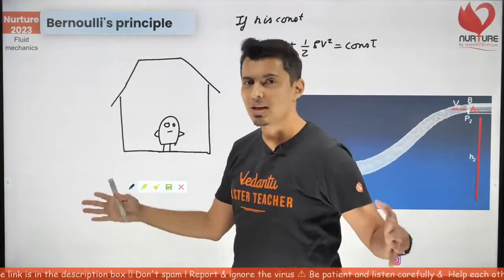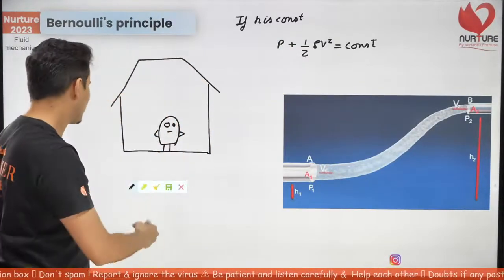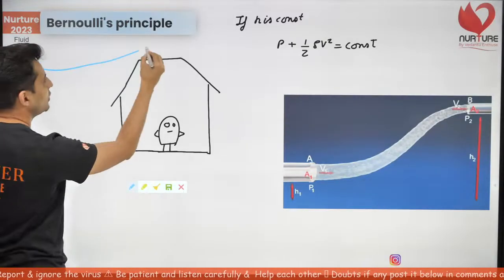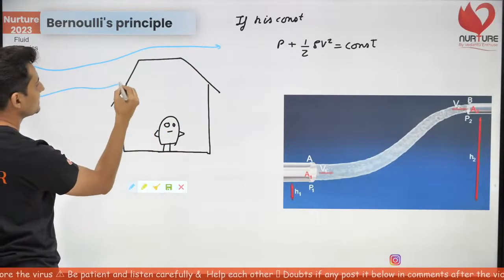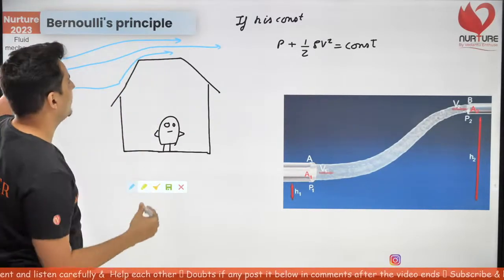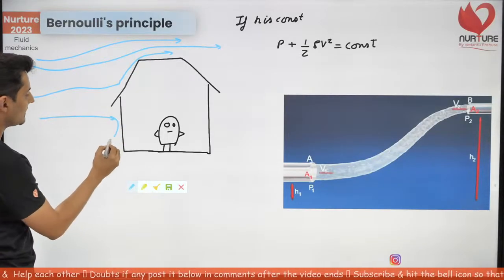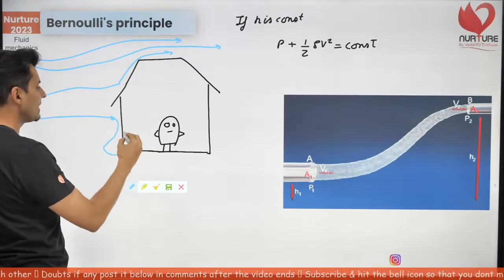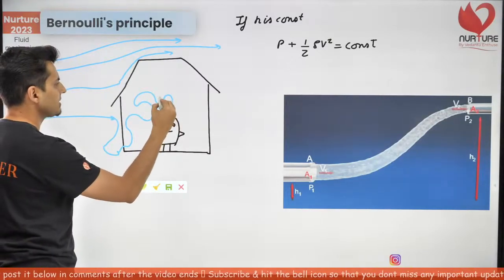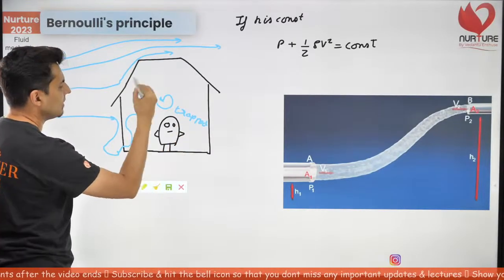He decides to stay in his house. So winds are blowing at very high speeds. This is the wind which is coming in and it is blowing at very, very high speeds, like this. Now as the winds blow over his house, you will see some of the wind streamlines will get obstructed, and over here maybe they slowly leak out here, and here they just get trapped. Basically they just get trapped inside his house somehow.